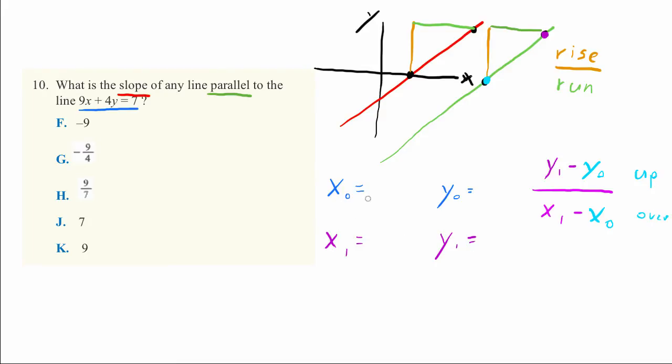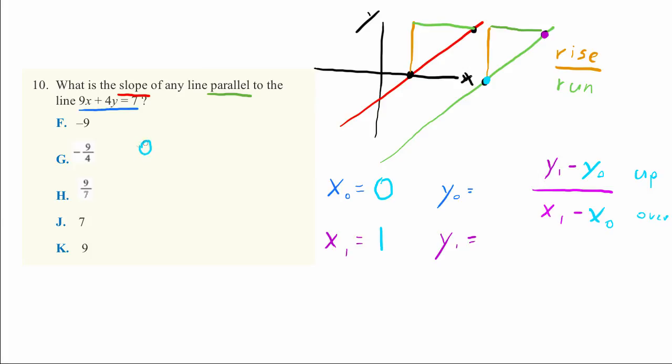So once we figured this out, we can solve this equation. Let's go ahead and find numbers for this. So if x0, and we can just pick whatever we want here, but usually an easy number to pick is the number 0. And another easy number to work with is the number 1. So what is y equal to when x is equal to 0?